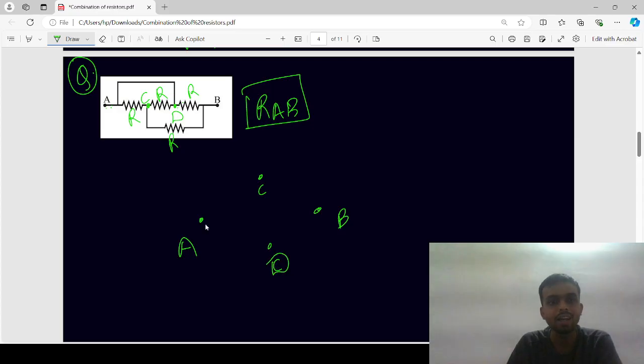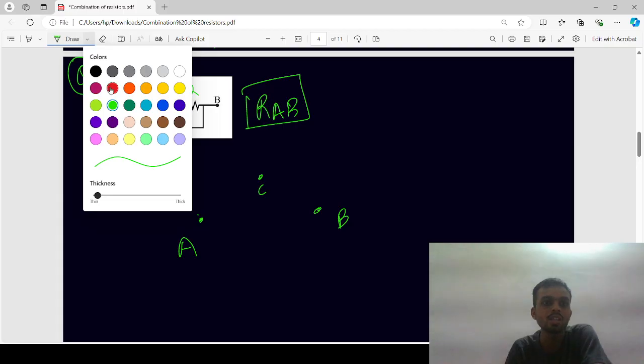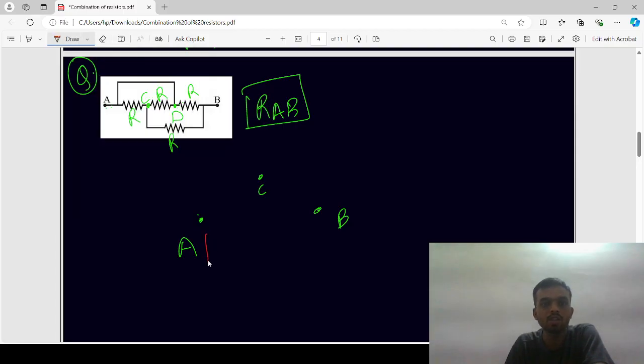That means potential at A and D are same. That means we can join A and D together. Okay, I hope you got it. So we can write A and D point at same point because potential at A and D are same. So that means we can write this as a D point as well.